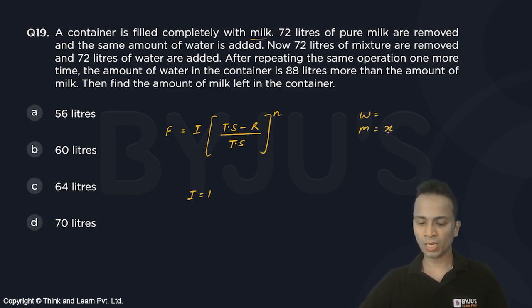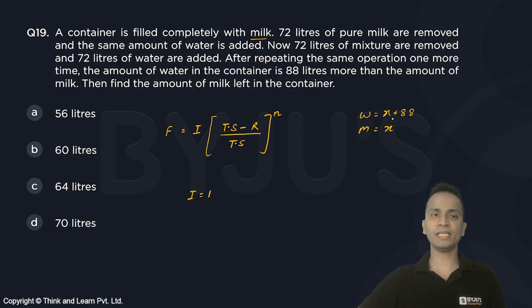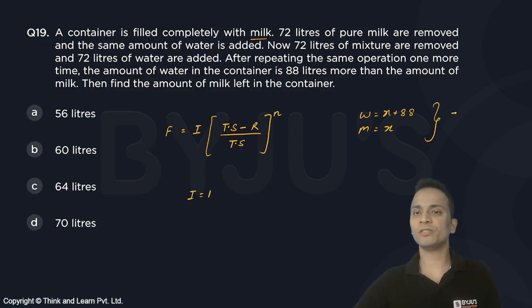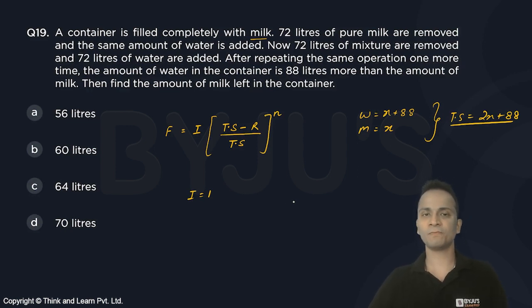So if I assume milk as X, water will be X plus 88. Done. So total solution I can say will be 2x plus 88. Clear?